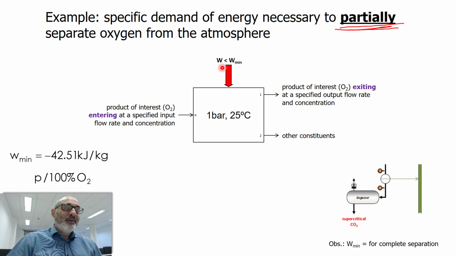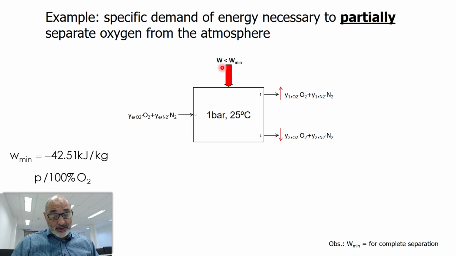This W, which is smaller than W min, is for partial separation. Both are theoretical, and perfect in the sense that there is no exergy destruction. So now I'm going to use a convention here. I need to explain this.